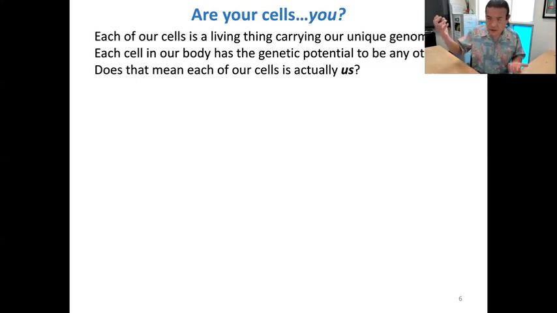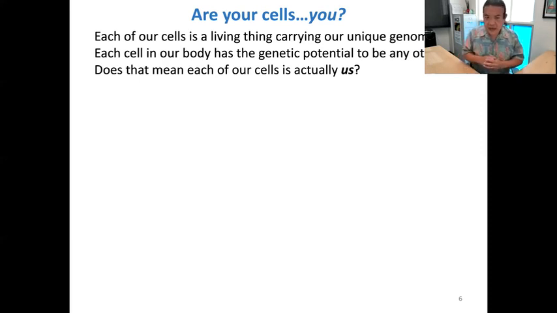So if you think about it, what about the amoeba? The amoeba is its own living thing and it carries around its own unique copy of the genome. An amoeba, when it divides and becomes two cells, is two complete amoebas. If each cell in our body has the genetic potential to become any other cell in the body because it contains the same copy of the genome, does that mean that each of our cells is actually us?